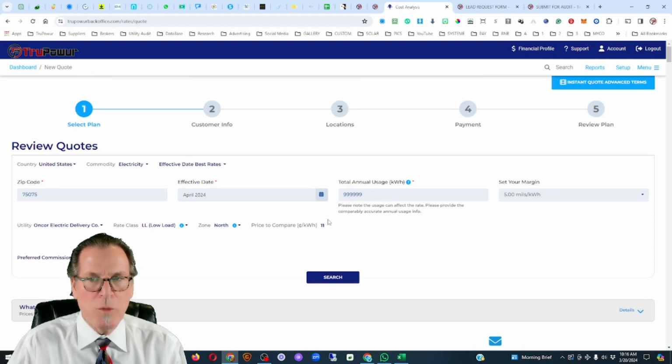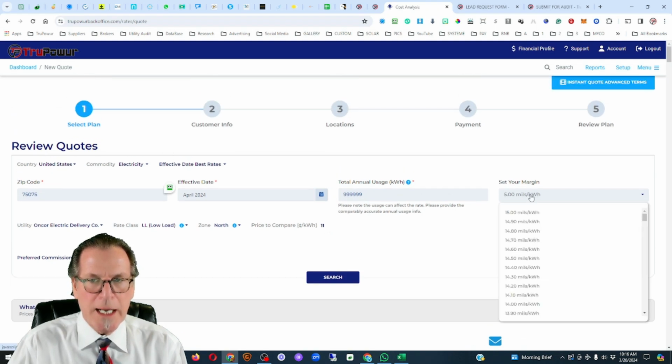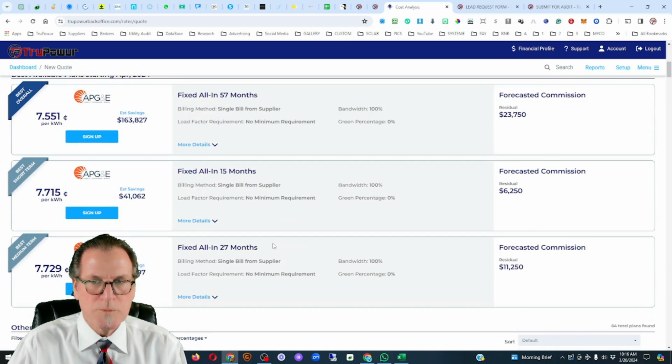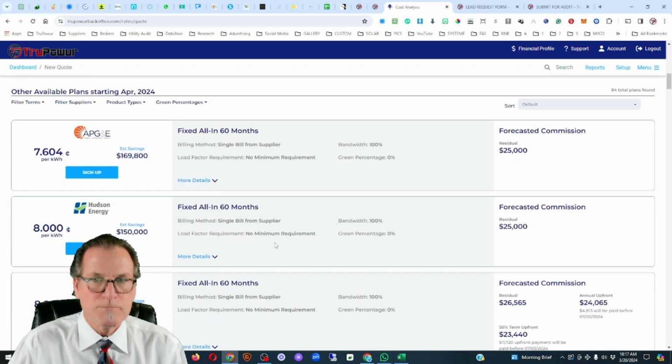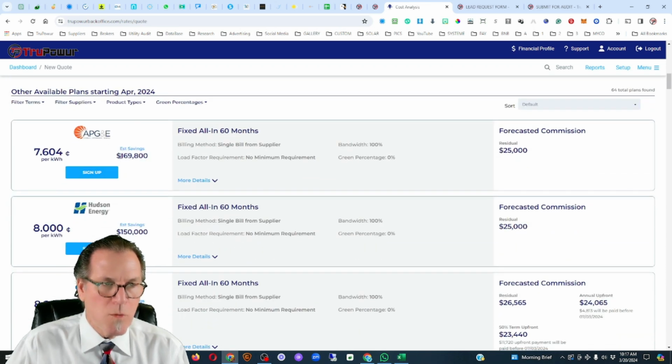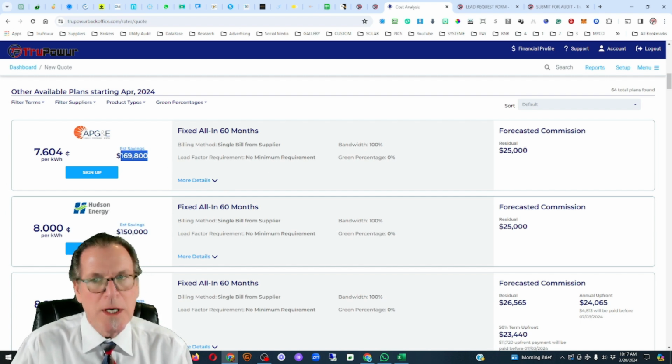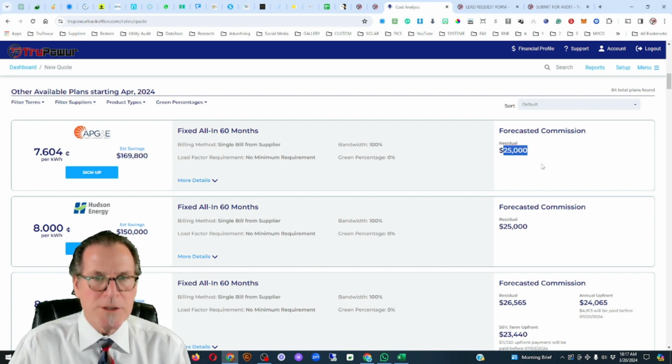So if we wanted to, we could increase the margins to say 10 mils and take a look at it. And so we're still going to be saving that customer a significant amount of money at $169,000, but it increases our income from 12 grand to 25 grand.